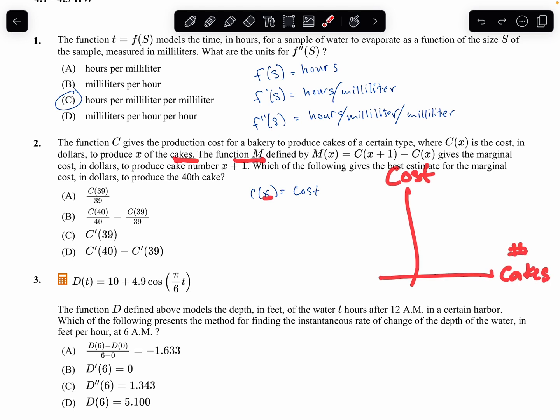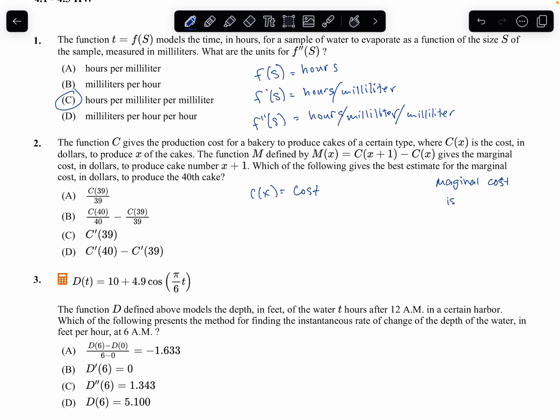Okay, the function m defined by m of x gives the marginal cost in dollars. Marginal cost, by the way, you could say is pretty much the derivative.